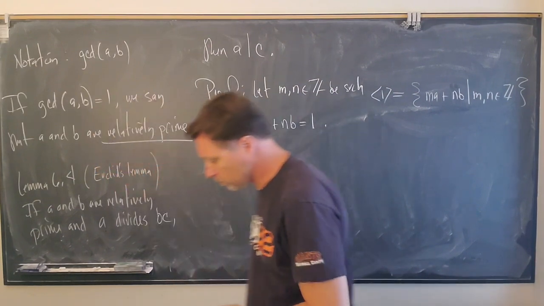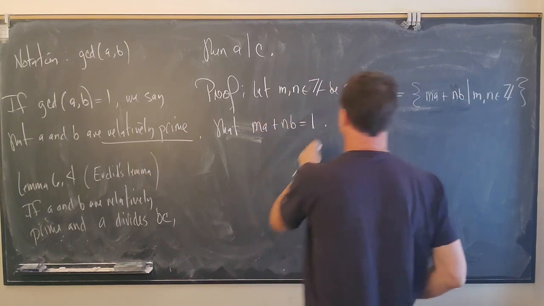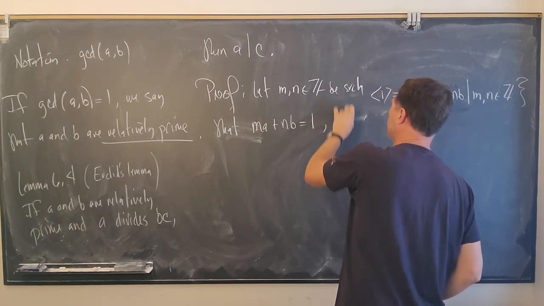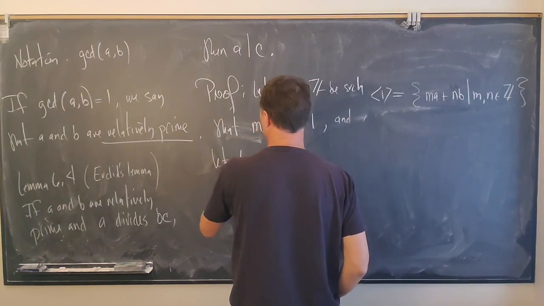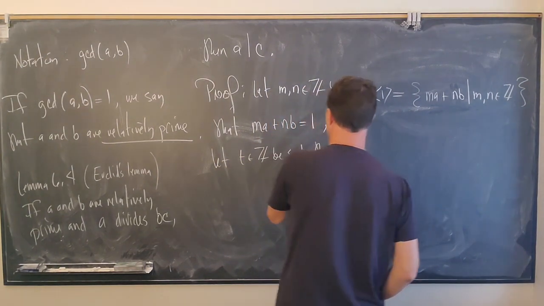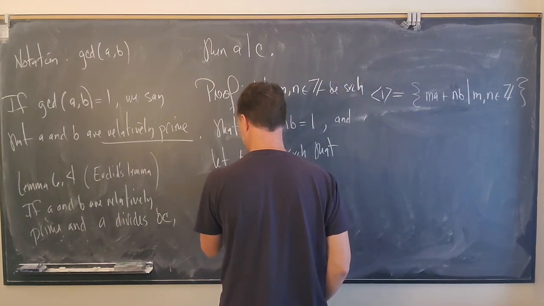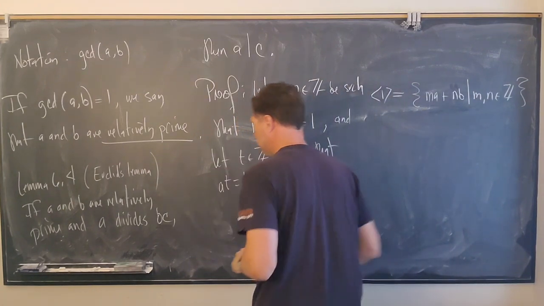Now what else do we know? We know that A divides BC. So let T in Z be such that AT is equal to BC.